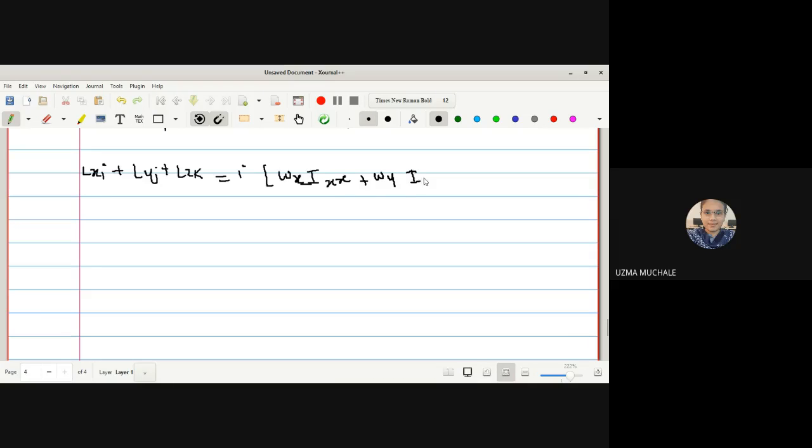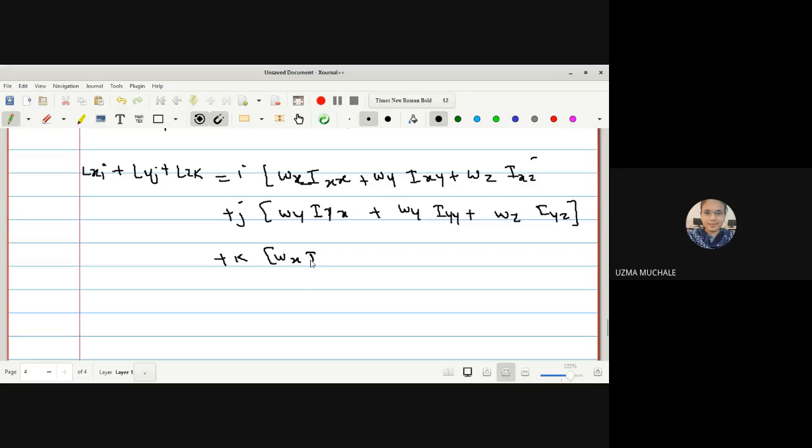So by using the formula of moment of inertia, I will write all this as Wx Ixx plus Wy Ixy plus Wz Ixz. Plus we'll collect, taking j common, the coefficients of j are Wx Iyx plus Wy Iyy plus Wz Iyz, plus k times Wx Izx plus Wy Izy plus Wz Izz.